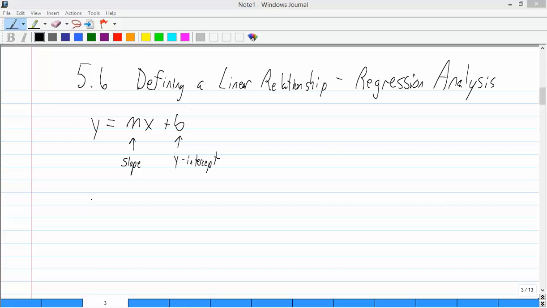So in statistics, you may see a line written y equals b sub o plus b sub 1 times x, where b sub o is the y-intercept, and b sub 1 is, of course, the slope.